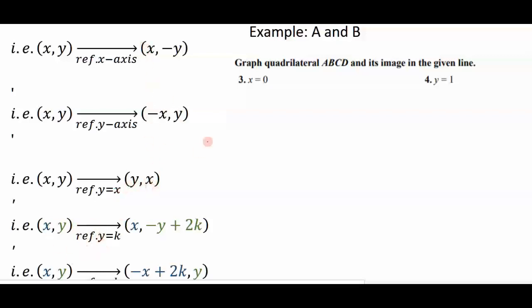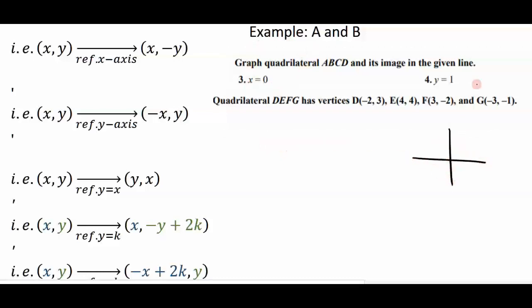So with these three, when I'm asked to reflect this quadrilateral across x equals 0, or if I looked at a coordinate plane, x equals 0 is the y-axis. So this is saying reflect across the y-axis.